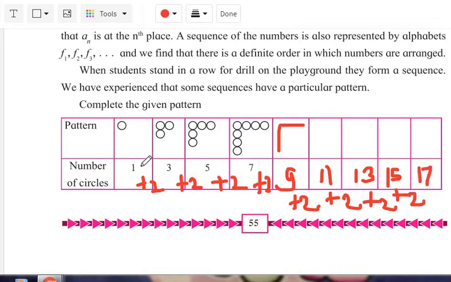That means all these numbers are odd numbers. That is, the set of odd numbers is in sequence. Here we have to draw 9 circles, then 11 circles, 13 circles, 15 circles, 17 circles, and so on.